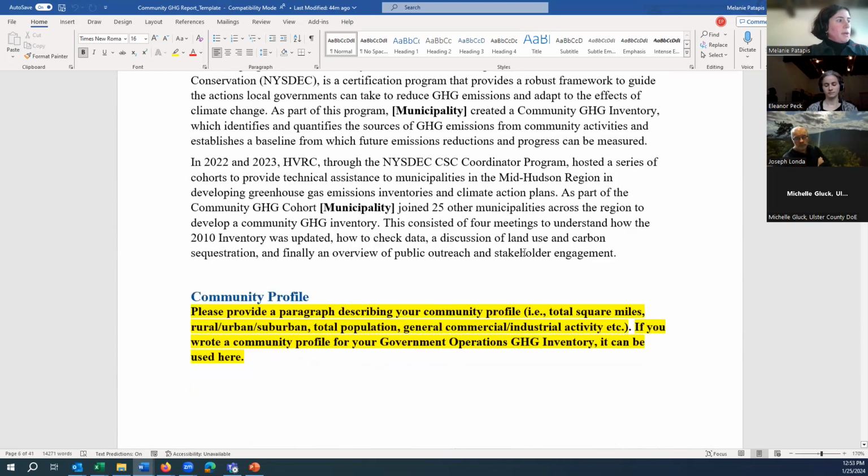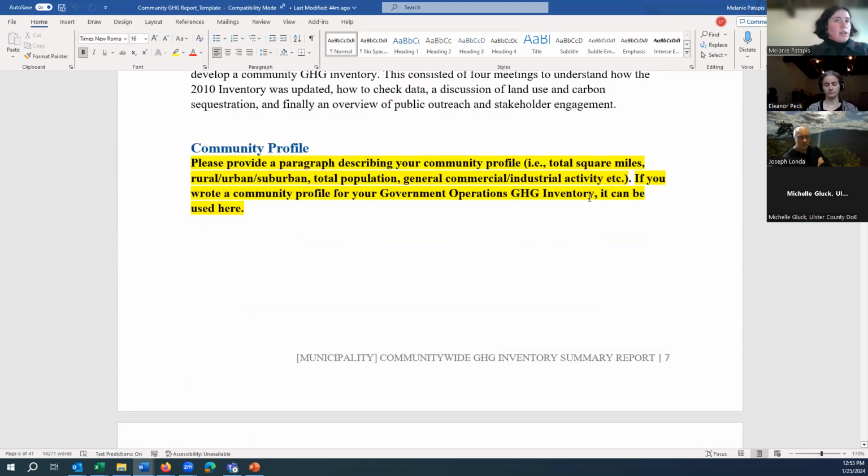So it includes this background. This community profile is essential for Climate Smart credit, and it should indicate how the regional inventory addresses your community. So you're not just saying that you got this from the regional inventory and not directly relating it to your community.